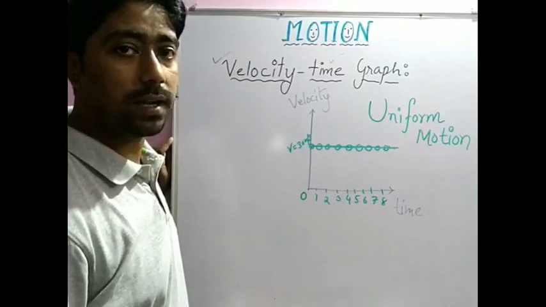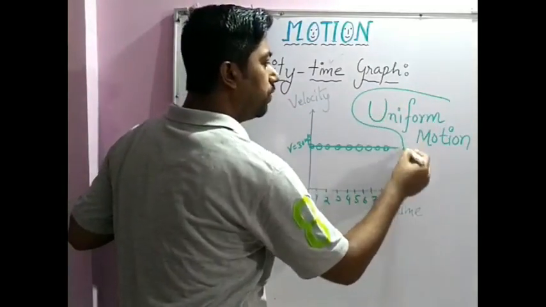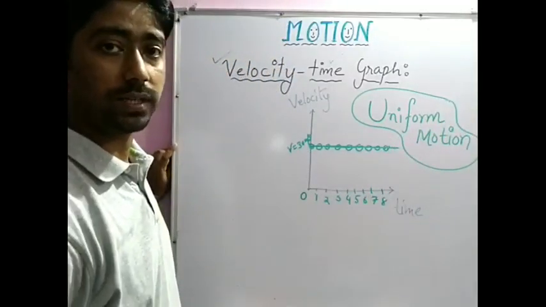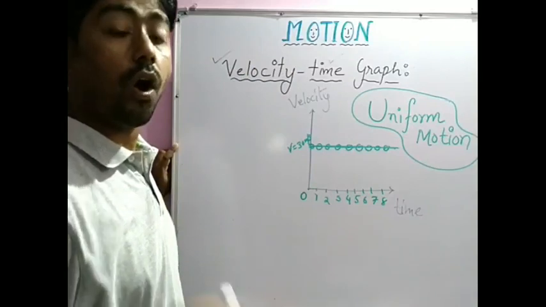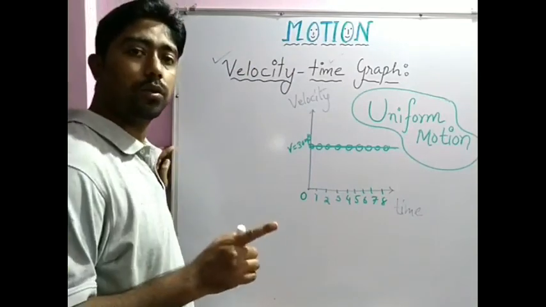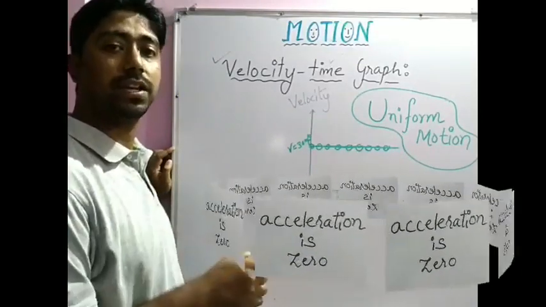So what can you understand from here? In case of uniform motion, that means velocity is constant or you can say acceleration is zero.